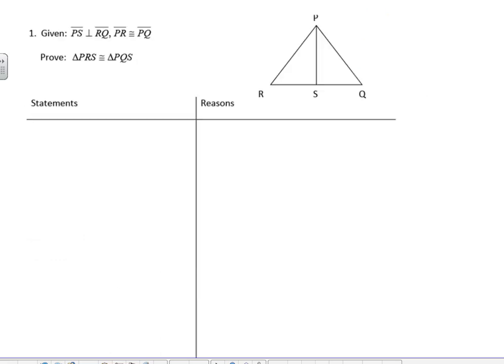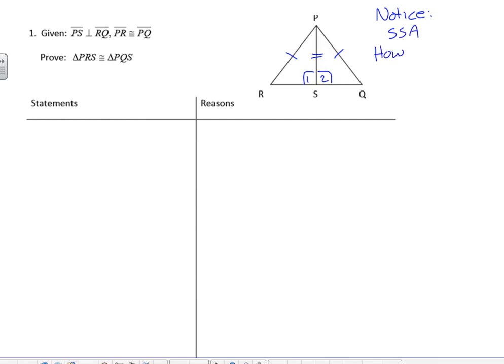We're given that PS is perpendicular to RQ, and that unlocks us having right angles. We're given that PR is congruent to PQ, and from the diagram we have this shared side. Here's the thought process: notice that this is side-side-angle.